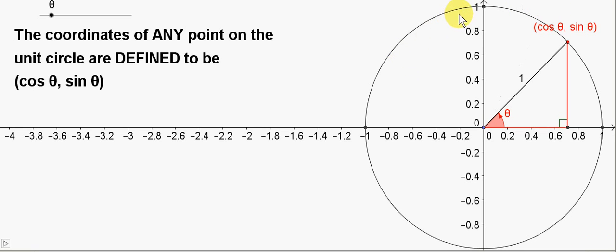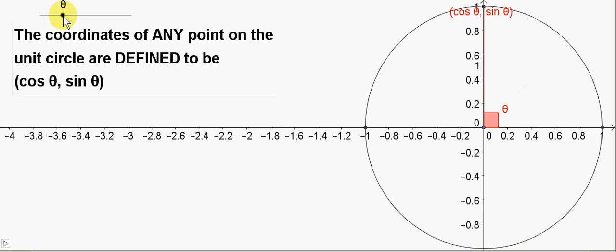Now we're going to consider points on the second quadrant of the unit circle. So we're going to be looking at angles theta lying between 90 and 180 degrees. The coordinates of any point on the unit circle are defined to be cos theta, sine theta. So let's take a point in the second quadrant.